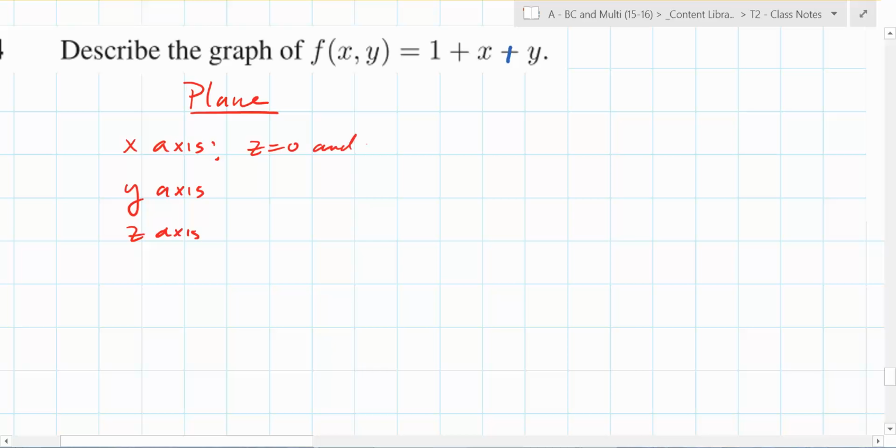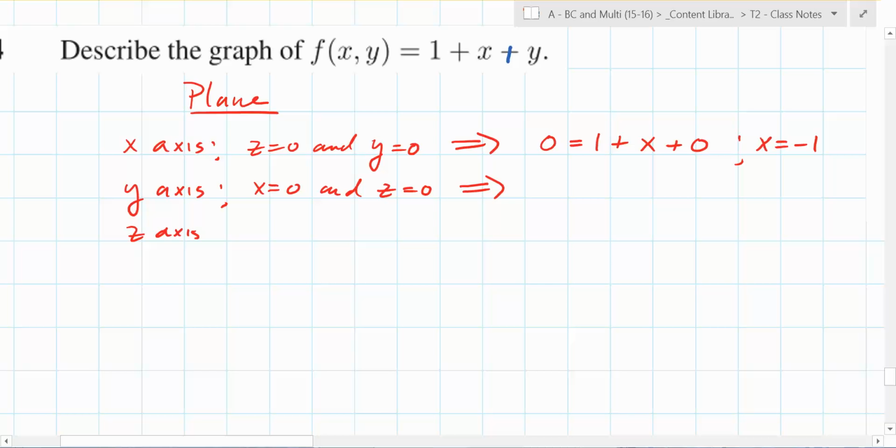So if y and z are both 0, you have 0 equals 1 plus x plus 0. So what does x have to be? Negative 1. So the y-axis is when x is 0 and z is 0. So y is also going to be negative 1.